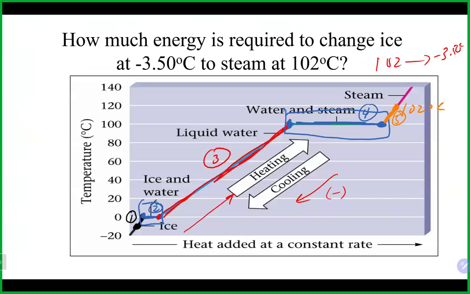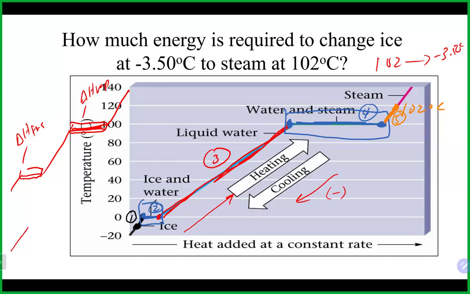So sometimes if you come across a problem like this, it's helpful to think about a little graph like this. That way you don't miss any of the steps along the way. Anywhere on the graph where it's flat-ish, that is a phase transition, which means it should be your delta H of fusion or your delta H of vaporization.